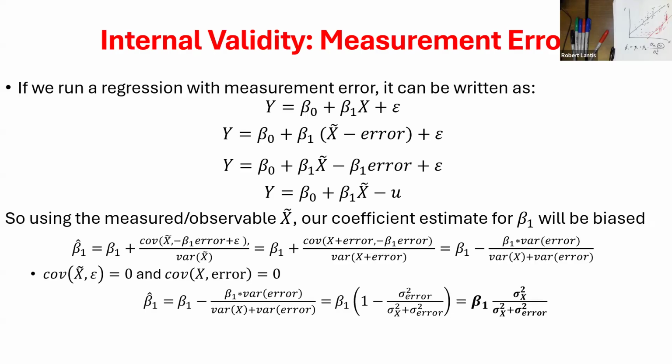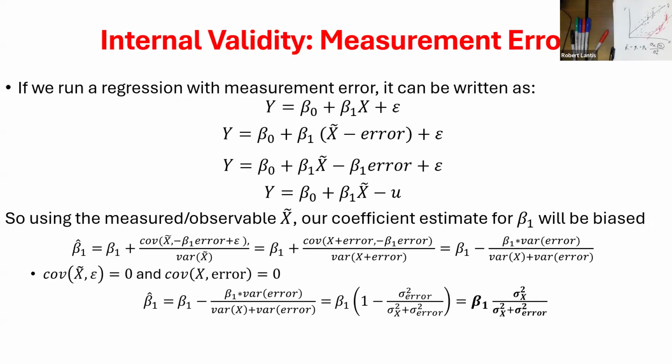I am not going to make you walk through this step by step or reprove this, but this is essentially what leads us from point A. We have measurement error. The actual coefficient estimate we see, beta 1 hat, will be the true effect times what?